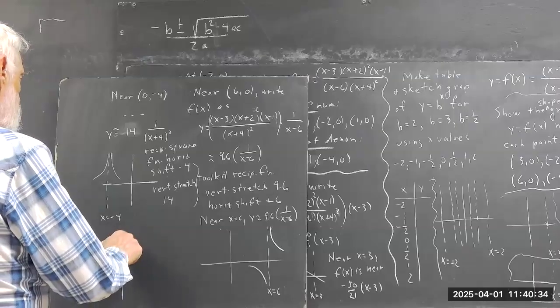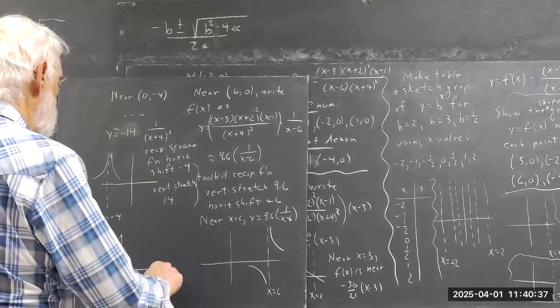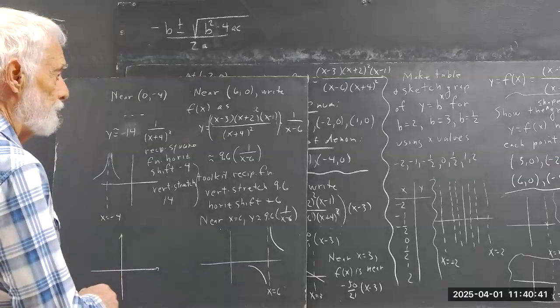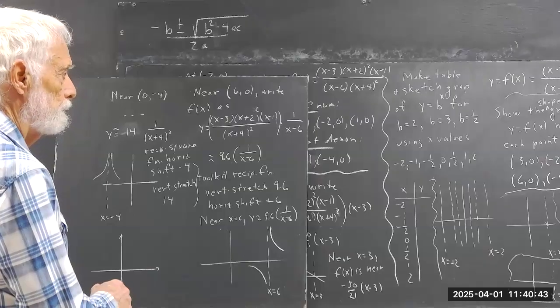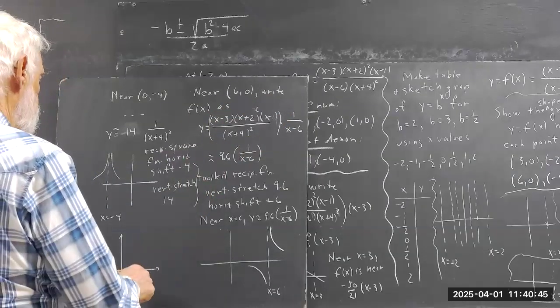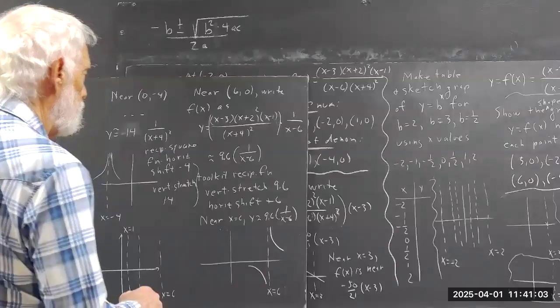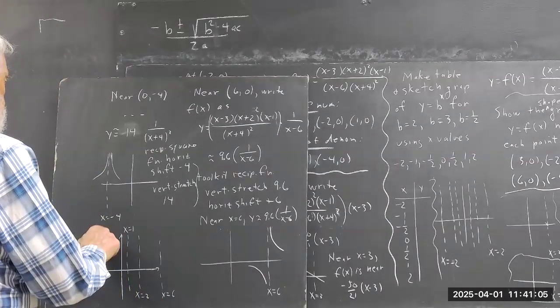And we sketch this graph. Well, let me look at the function. Got X equals negative.